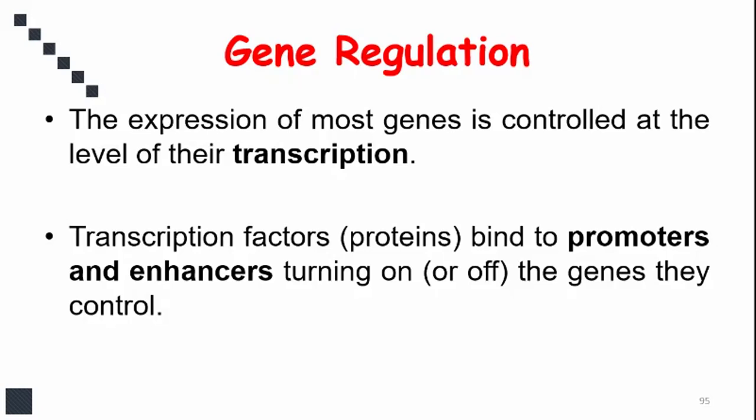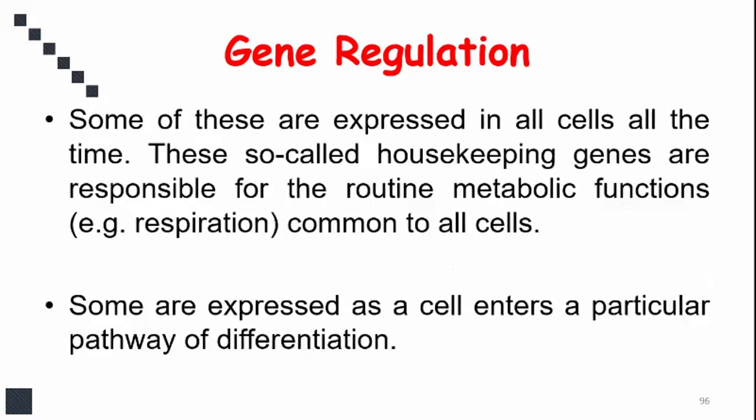So the expression of most genes is controlled by the level of the transcription. These transcription factors will bind to promoter and enhancer to turn them on or off, as we have seen. Some of these are expressed in all cells, and at all times, in what we call housekeeping genes.